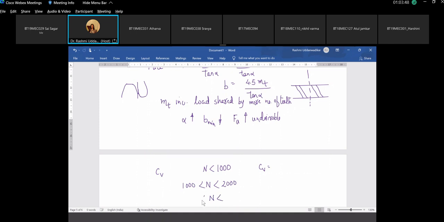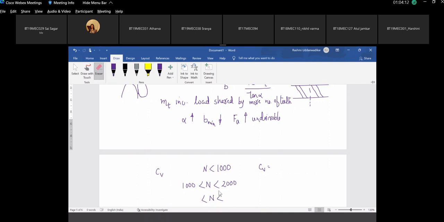In case of helical gear, we are saying less noise, less vibration, it is smoother in operation, which means what? The dynamic load would be less, which means the incremental load would be less. So you have to reduce the face width by a lesser amount. So what should be CV? More.